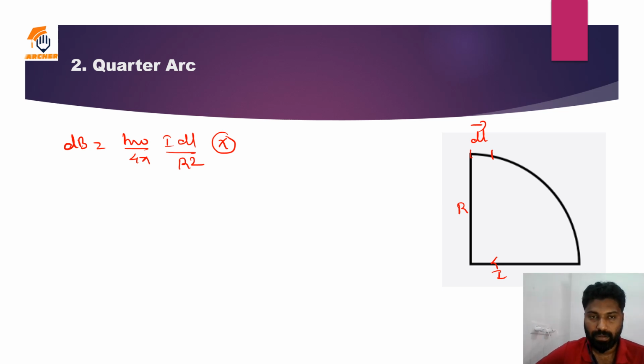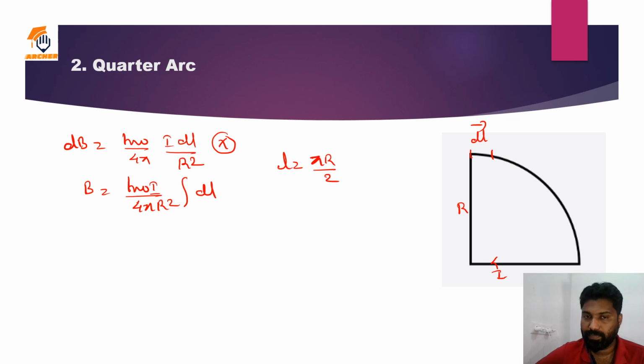So B is equal to integral dB, which will be mu 0 I divided by 4 pi r square integral dl. The same method we are using here. But here what is L? L is equal to pi r divided by 2.